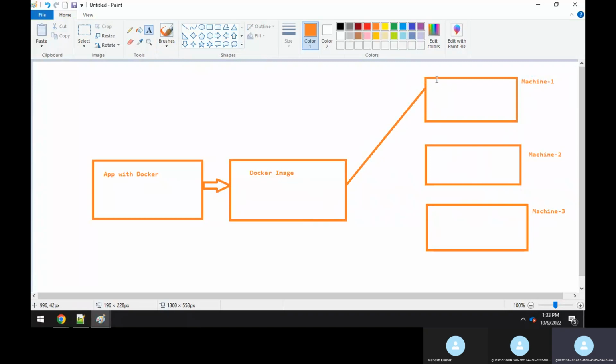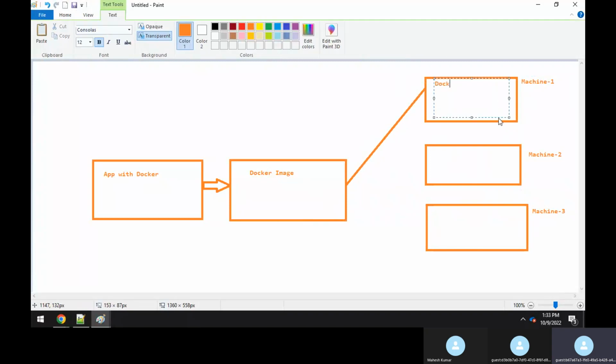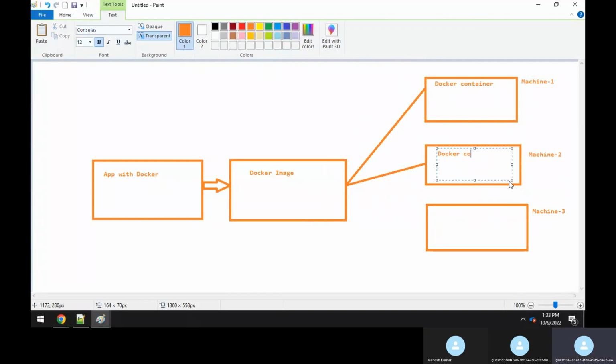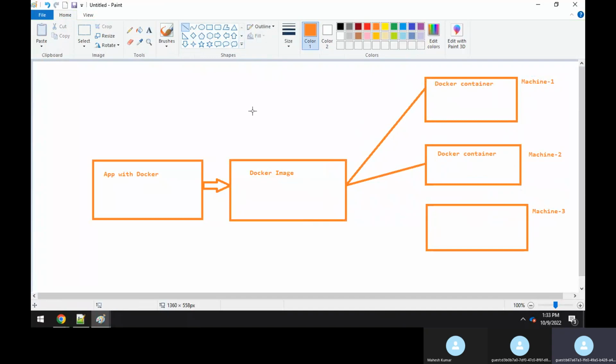It means you can run your application within your machine with the help of container technology. Same thing here also. With the same Docker container, you can run the same application in multiple machines. That's how easy it is.